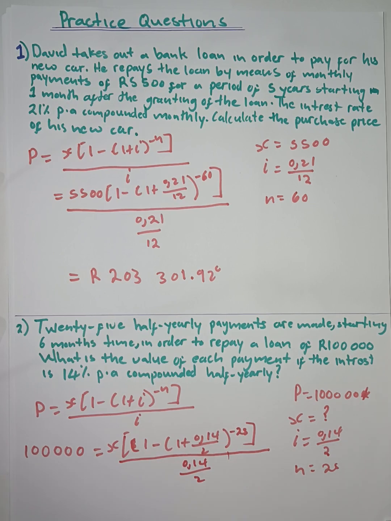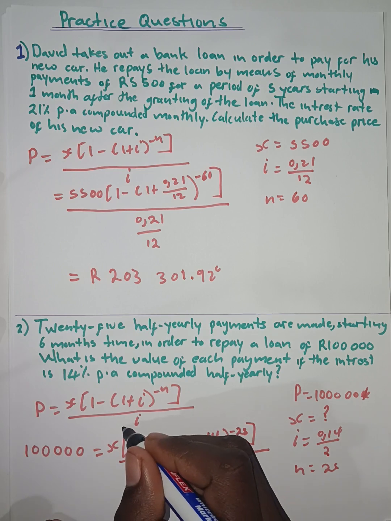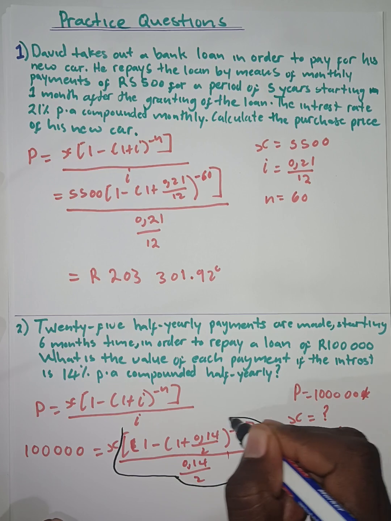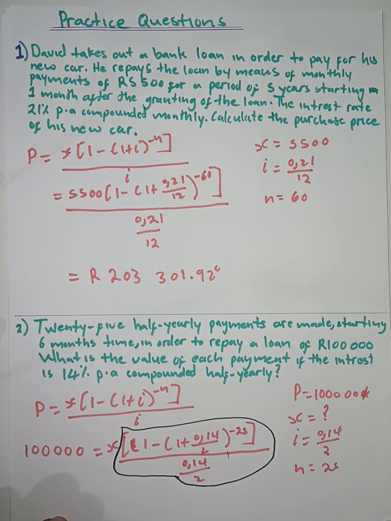To get the value of X, you're just going to plug this whole value into your calculator. That would be the coefficient of X. Then you take that value and divide 100,000 by it, and you'd get the value of X.